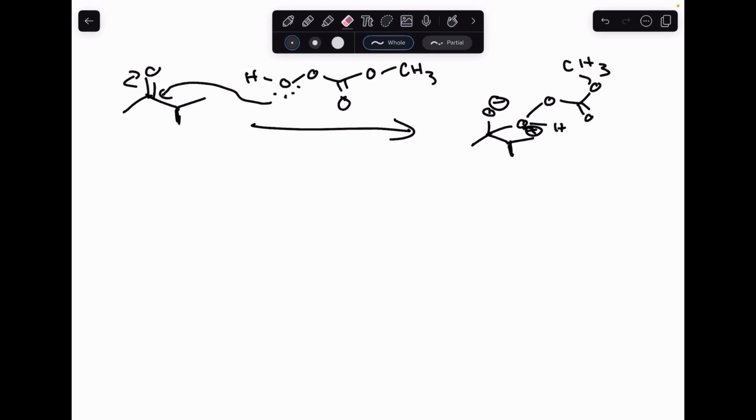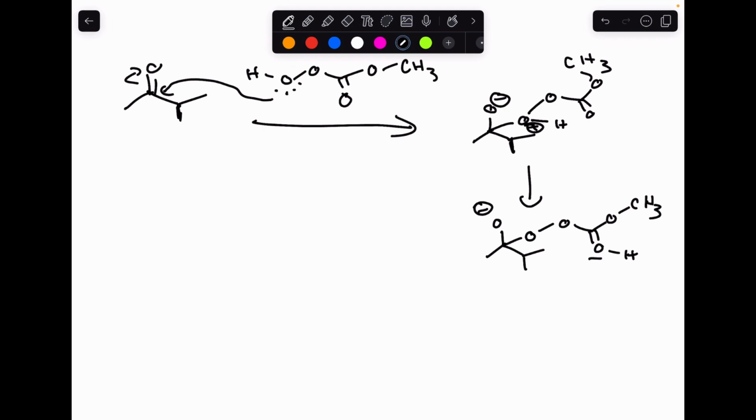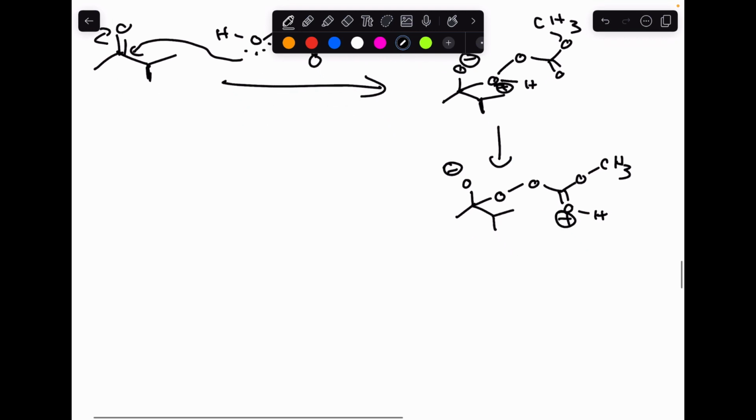The most plausible step in this reaction is doing a proton transfer step on this hydrogen and the carbonyl located on the peroxy acid. If we do this step, it would lead to an oxyanion that's attached and this will lead this with a plus charge.